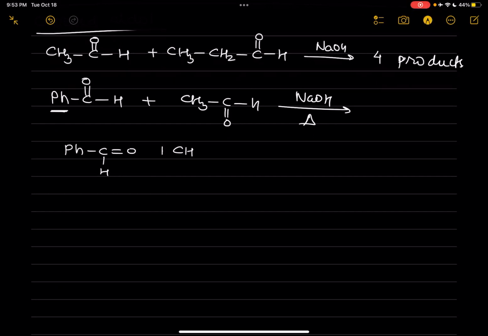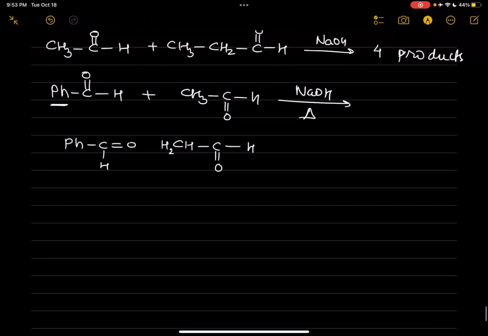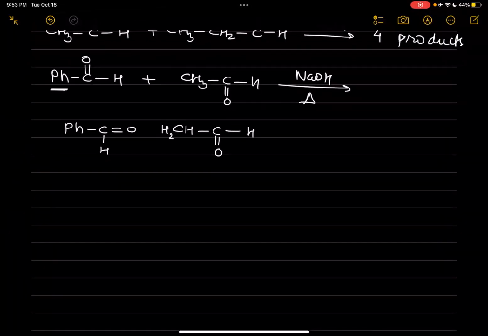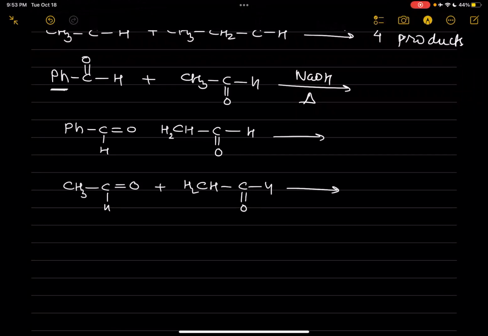And this can offer its alpha hydrogen as well as the double bond O. Okay.